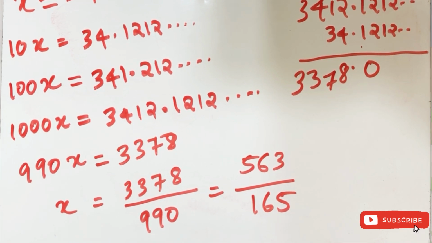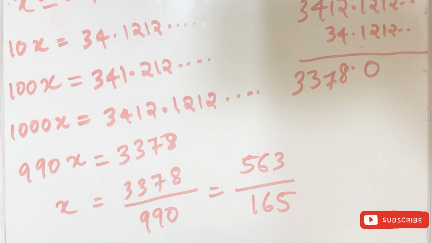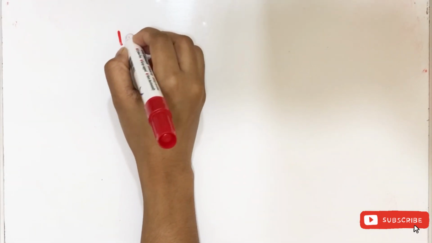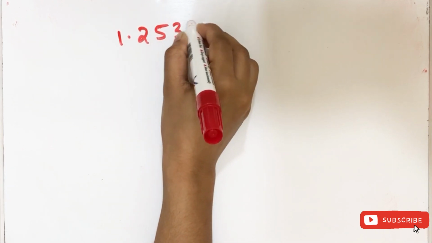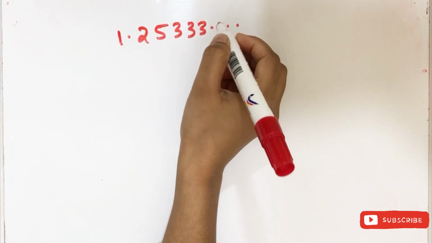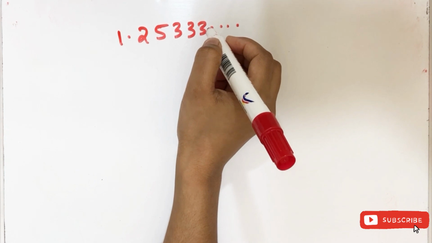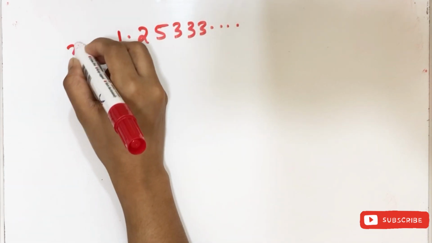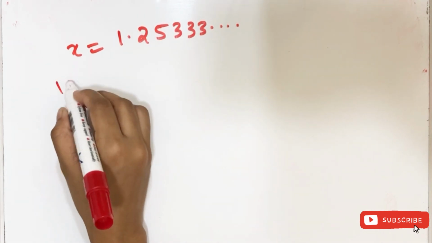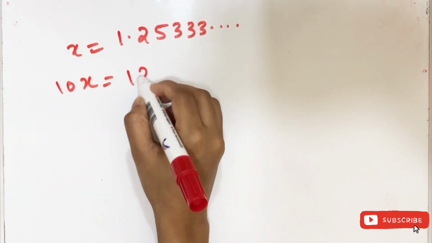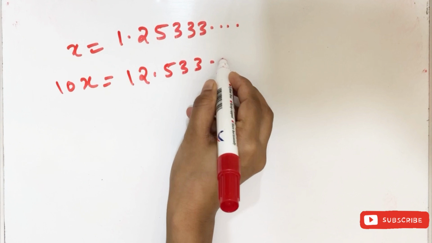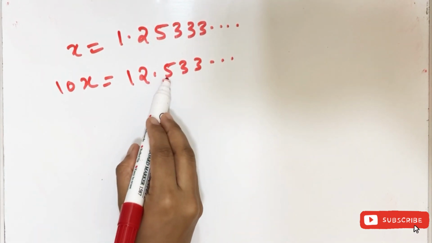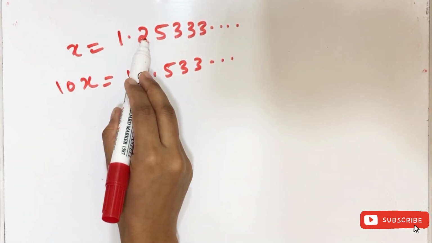So we can see one more example and we can stop the video. Next example is 1.25333, etc. Express it in the form of ratio of two integers. Okay, we can call this x. Then what is 10x? 10x is 12.533, etc. Okay, here after the decimal 5, here after the decimal 2.